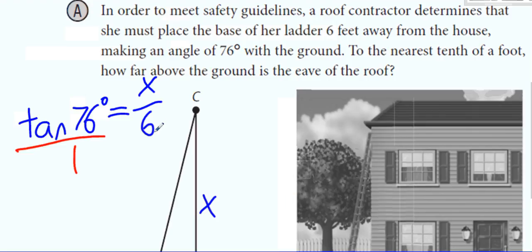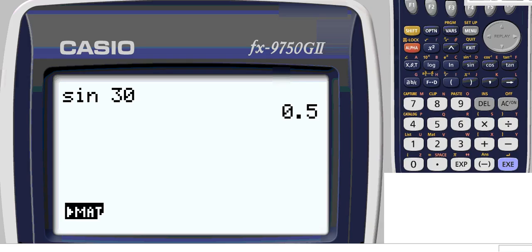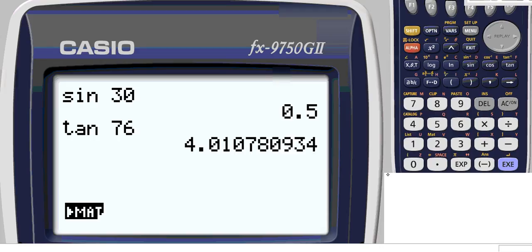So we're going to do 6 times tangent 76, whatever number that is, and that's going to equal 1 times x, which is just x. Our calculator knows what tangent of 76 is, and we just have to multiply it by 6 to get the correct answer. Our calculator knows that tangent of 76 is 4.0107, blah, blah, blah.